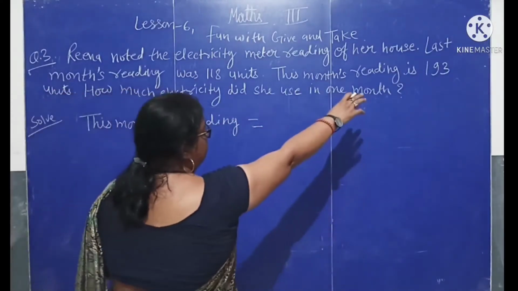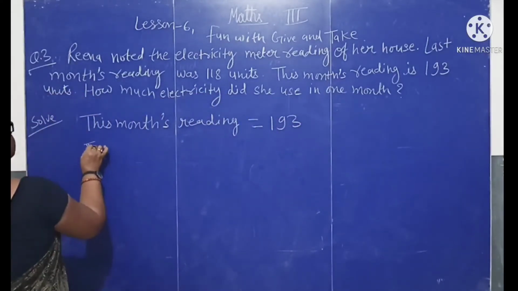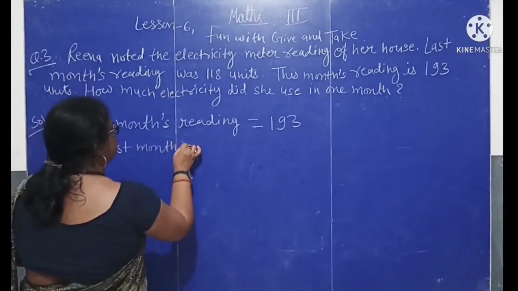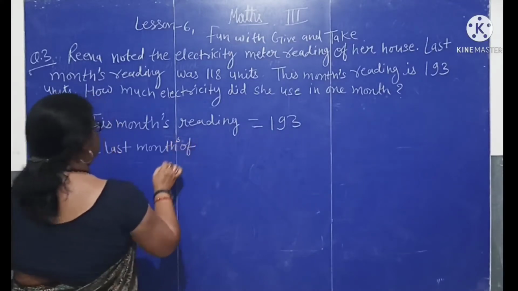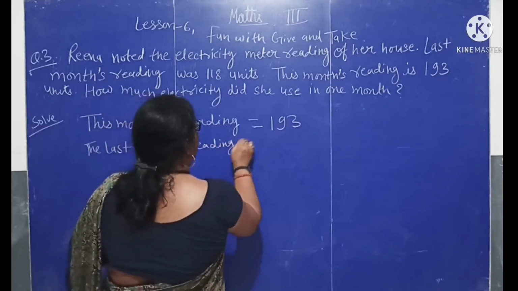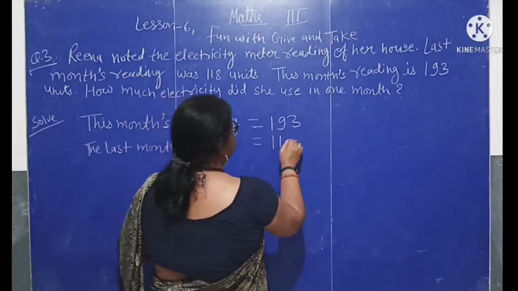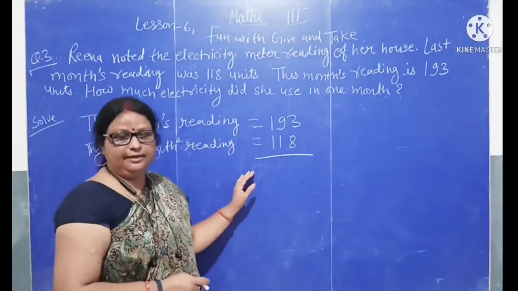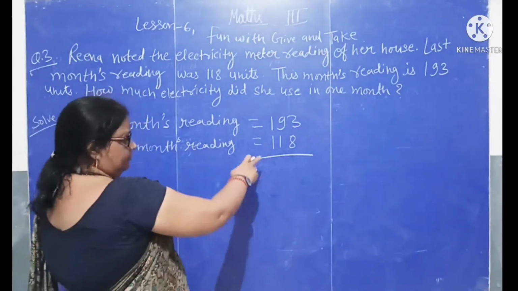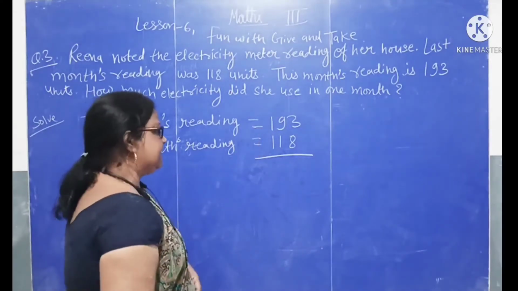This month's reading is 193 and last month's reading is 118 units. Let's subtract 118 from 193.